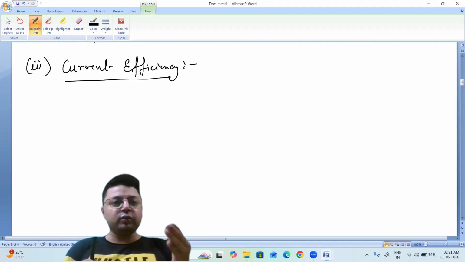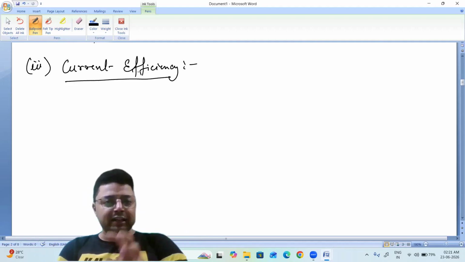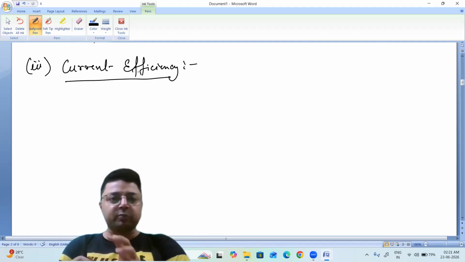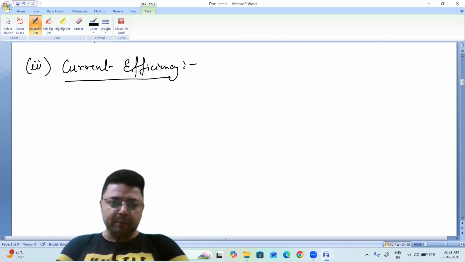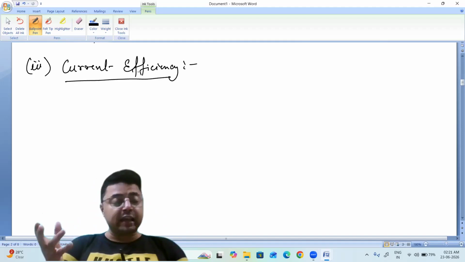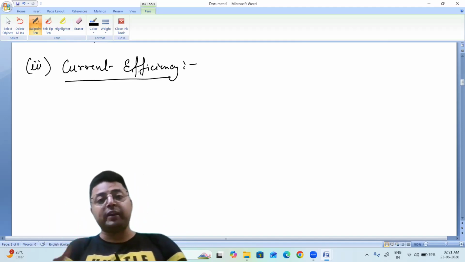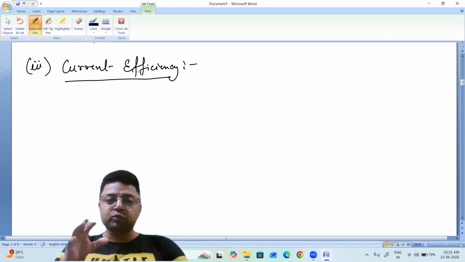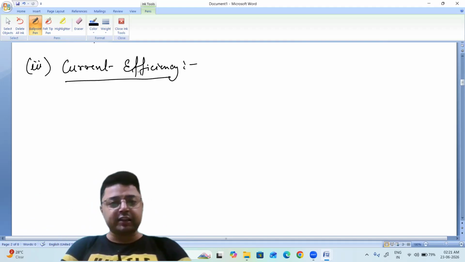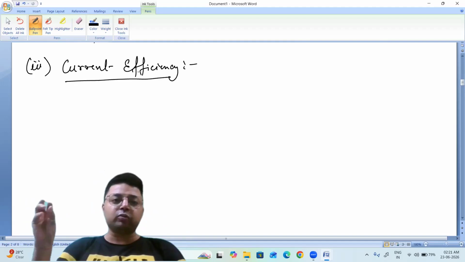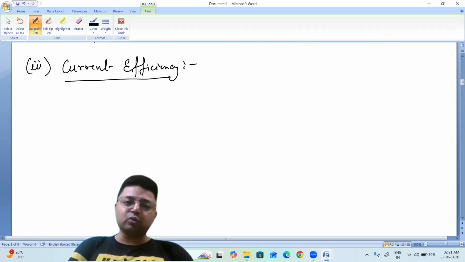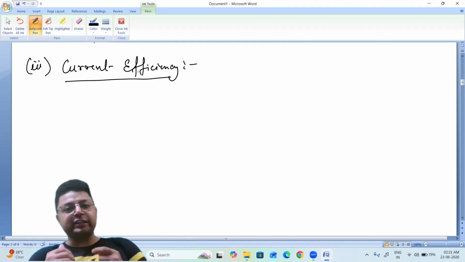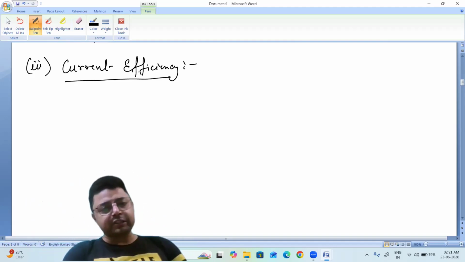Here also, whenever we are talking about current efficiency, the same thing has happened. Suppose you are passing some amount of current for a certain period of time, but that whole amount of current is not getting used. Suppose you are passing 100% current, 10 ampere of current, and only 5 ampere of work is being done. That is known as shortage, or it is not showing 100% efficacy.